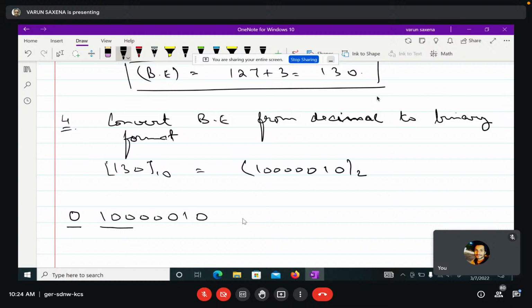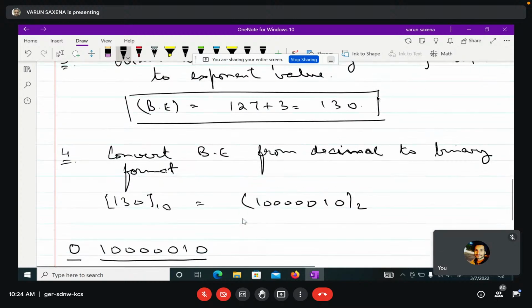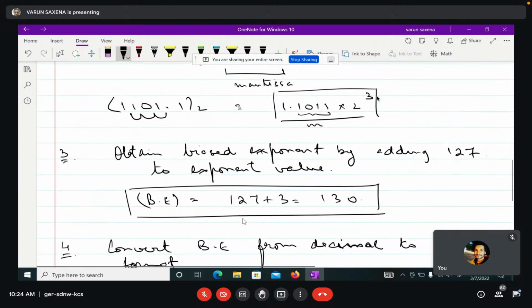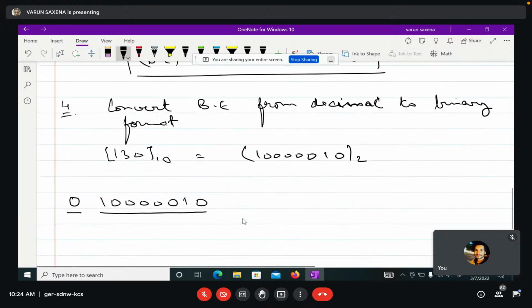And then comes the mantissa. If you look at it, the mantissa is 1011. So let me write 1011, right? And obviously there are 23 bits attached to it, so all other bits are zeros.